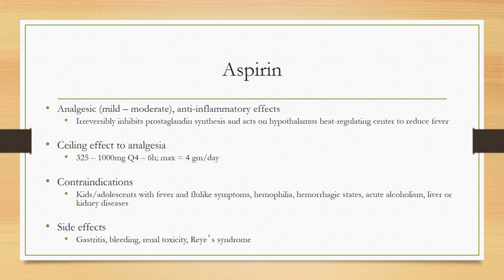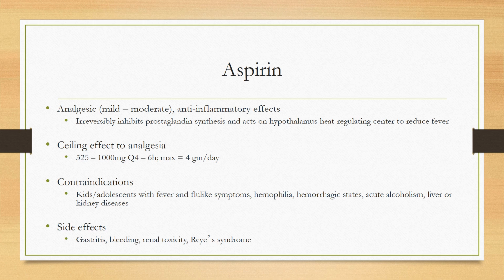Contraindications. You want to keep this away from kids and adolescents, less than 15 years old, because you're worried about something called Reye syndrome. I'll let you look that up in your own time simply because this is such a long slide deck. You also want to limit its use in hemophilia, hemorrhagic states, acute alcoholism, liver, and kidney disease.